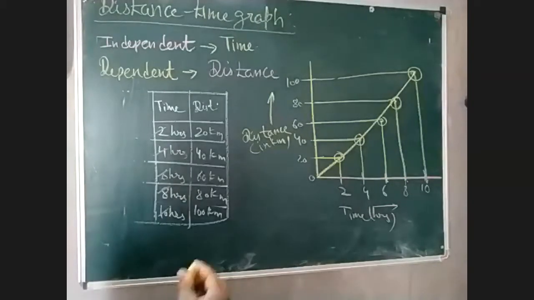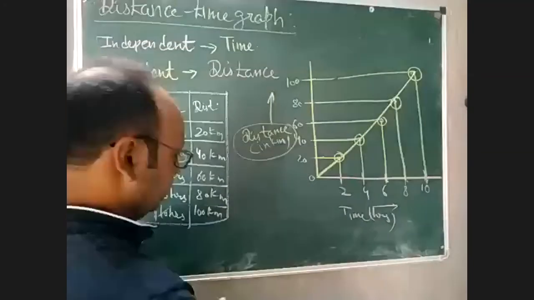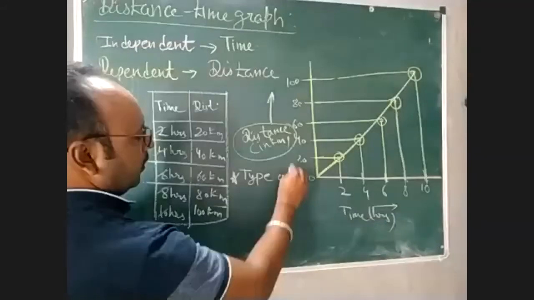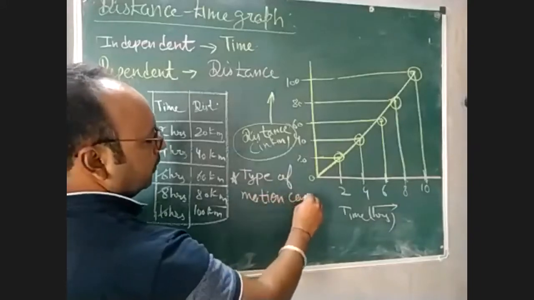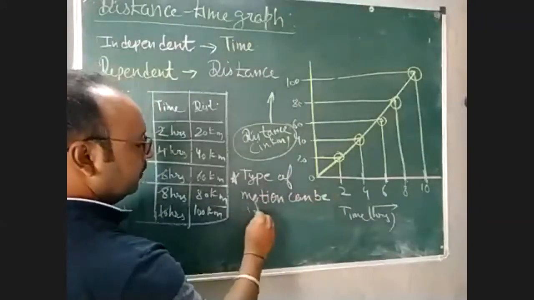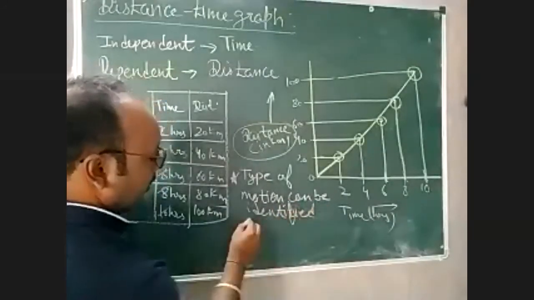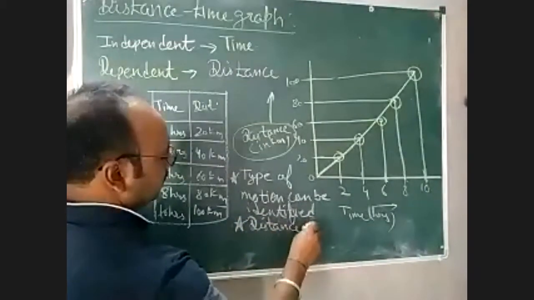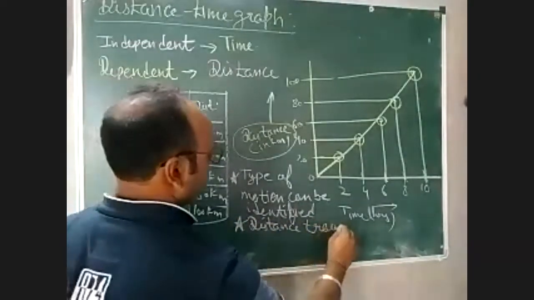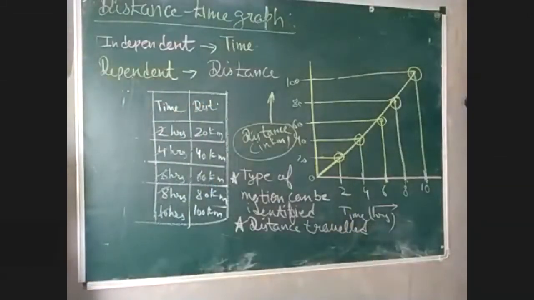We can identify the type of motion, and also the distance traveled can be checked by using a distance time graph.